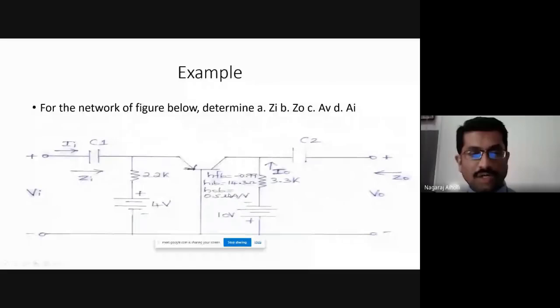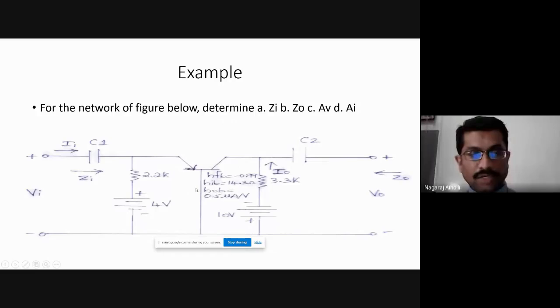For common base, hf becomes hfb, hi becomes hib, ho becomes hob. hib is the input resistance, hob is the output admittance, okay? And hfb is the alpha value, the current gain, the forward current transfer ratio, that is output current by input current, Io by Ii. Got the point here?